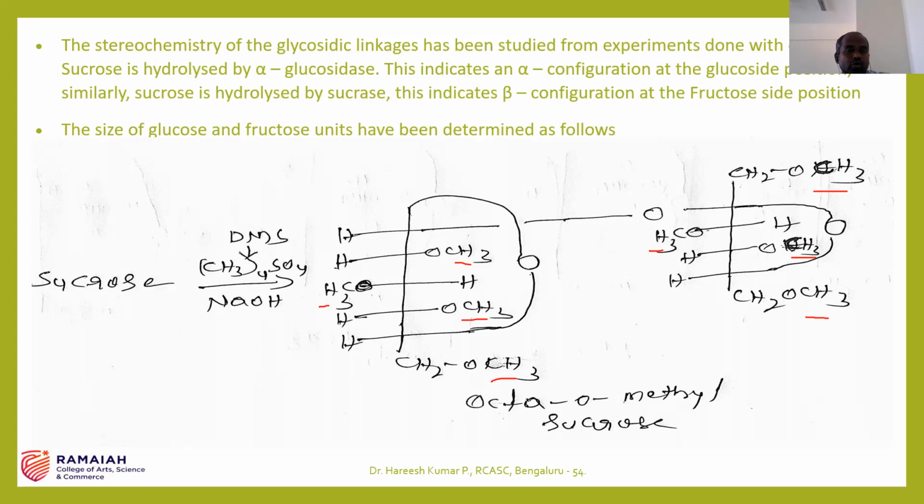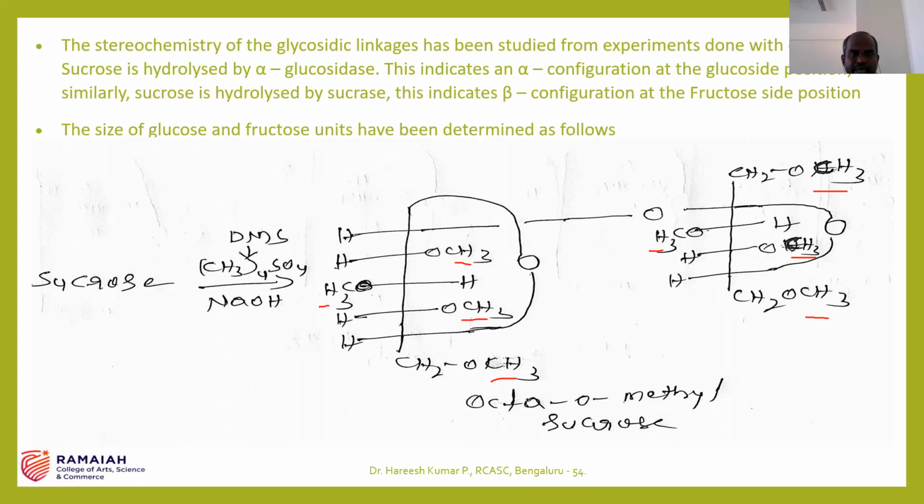The glucose unit is alpha configuration. How is this concluded? By treating sucrose with the alpha-glucosidase enzyme. So this indicates that the alpha configuration is present at the glucose side. Similarly, when sucrose is hydrolyzed with the sucrase enzyme, this indicates the beta configuration at the fructose side.